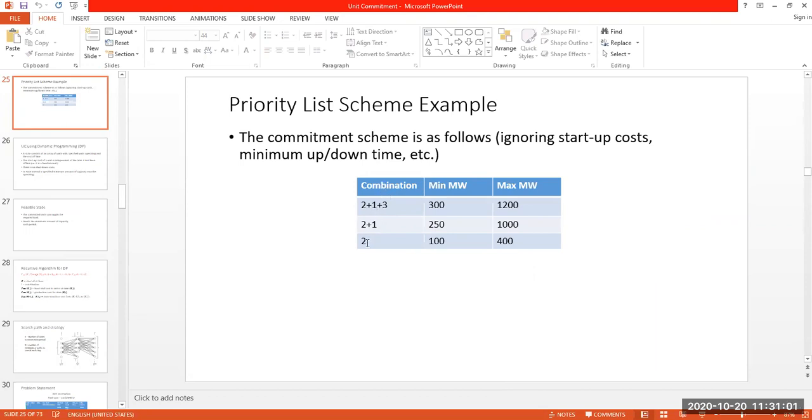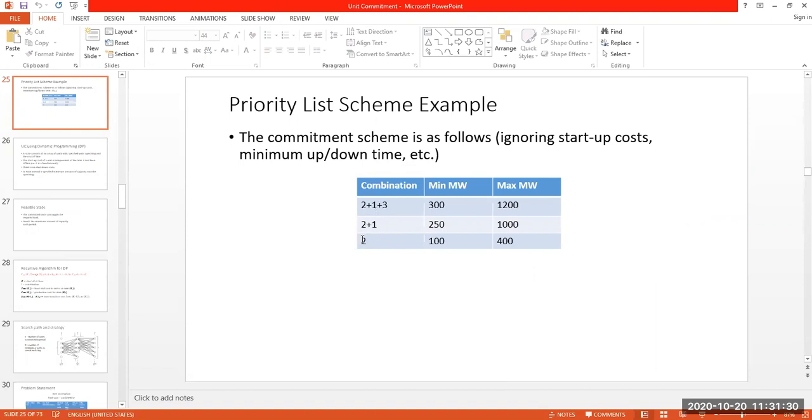If I consider it in the reverse manner, it would look like this: if I choose unit number 2 first based on the priority, then the next allowable combination is 2 plus 1, and the next allowable combination is 2 plus 1 plus 3. That means before I choose 2 plus 1 here, I can't go for 2 plus 3 here. I have to follow this priority.